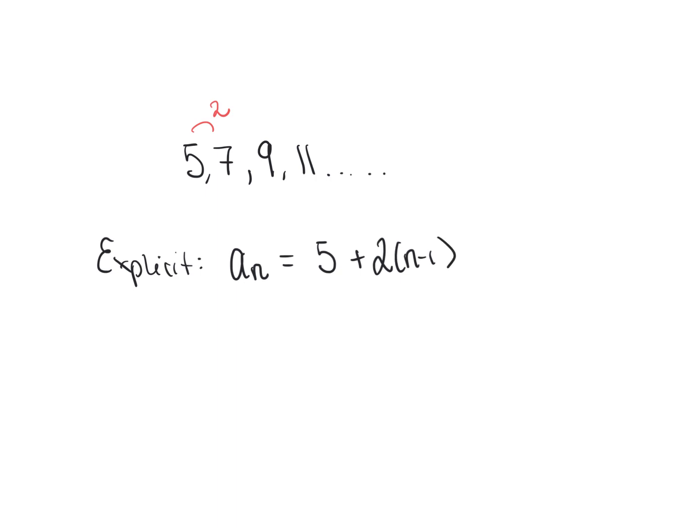I don't want to add n the first time, so when I plug a 1 in, 1 minus 1 is 0, 0 times 2 is 0, and then 5 plus 0 is 5. That gets me my 5, so that's why I did the n minus 1. That's an explicit formula, because if I want the 20th term, I plug in 20.